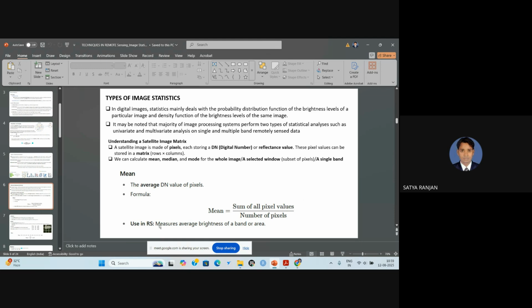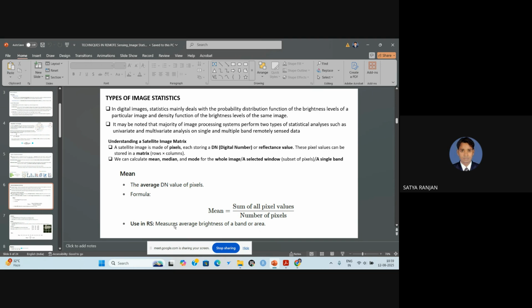We already know about this mean formula. So why is it used in remote sensing? It measures the average brightness of bands and areas. Suppose the mean value gives 12 or 13. So the average brightness of this satellite image is very near to the absorption capability of the main areas, so basically it is related to water areas.